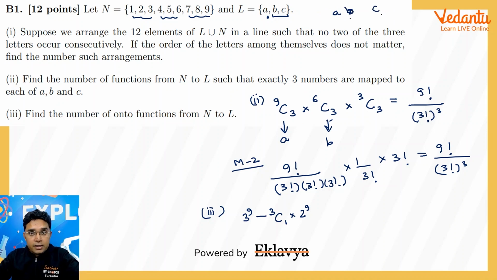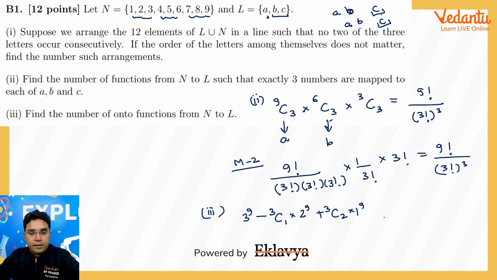And you can see this can happen when B is not connected to anyone in the beginning, and later A was also not connected and all the elements went to C. So please understand, the case in which all elements are connected to C is actually counted twice in this calculation. So we will be adding those cases in which 2 elements, maybe A and B or A and C or B and C, are not connected, and all elements are connected to the remaining third element. This is nothing but the inclusion exclusion principle.